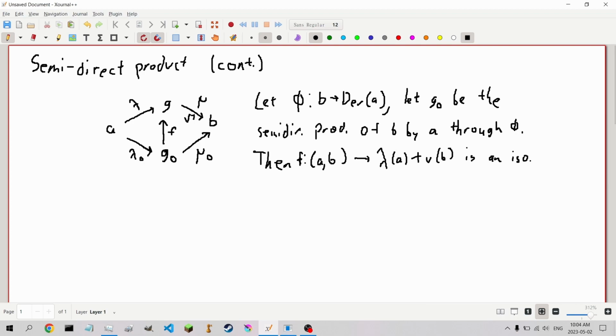And of course this whole diagram is going to commute. So the extension we generated is essentially equivalent to our original extension.